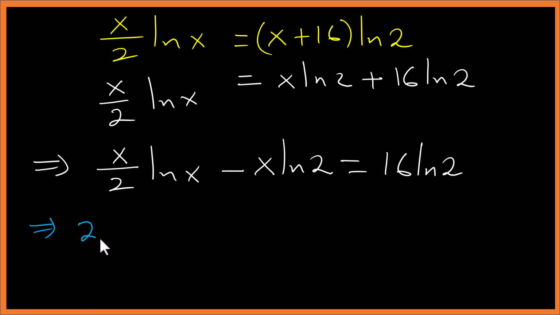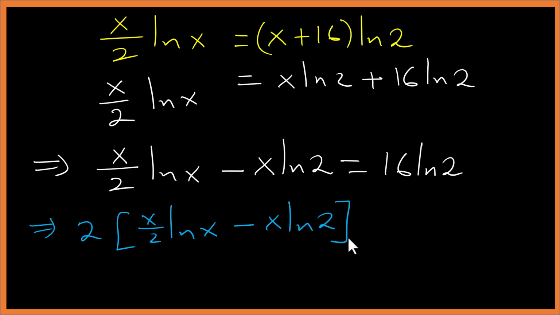So we have 2 times x on 2 ln of x minus x ln of 2 equals 2 times that.